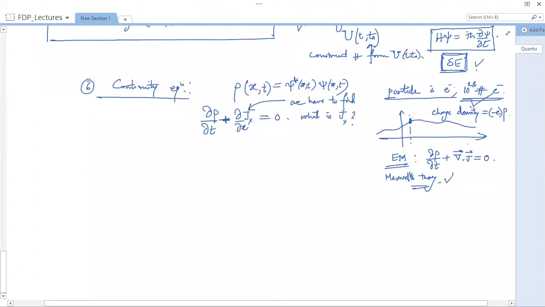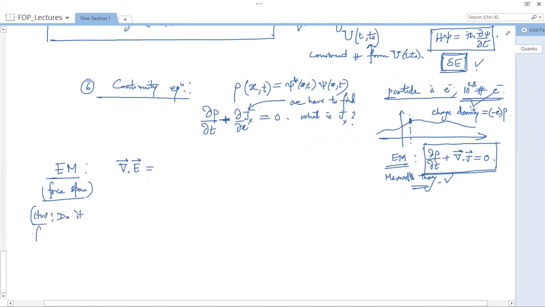Now, before that, I just want to emphasize that this continuity equation is very important, and so I just want to show you the continuity equation for Maxwell's electromagnetic waves. Maxwell's equations: I'll use Maxwell's equations in free space. You can do it as homework for Maxwell's equations in some medium.